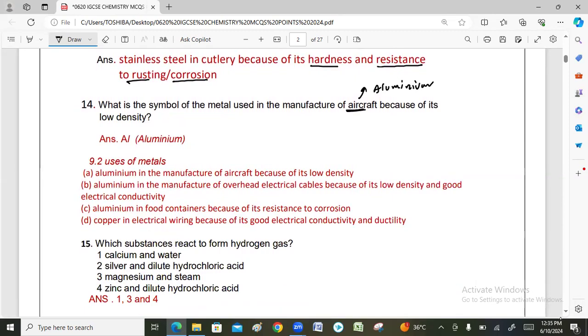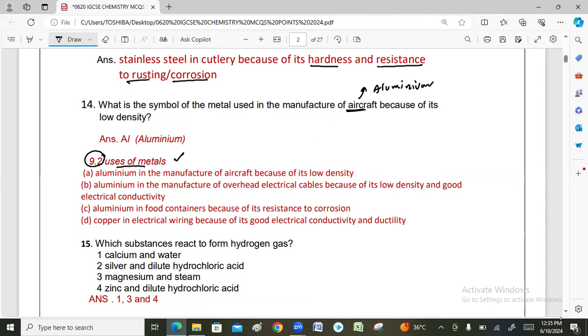Aluminium is the major element which is present in larger proportion. Now, you can answer these types of questions if you look at your syllabus or specification 9.2 uses of metals. Just read 9.2 uses of metals, then you will be able to give answers regarding these types of questions, and these questions are very important.